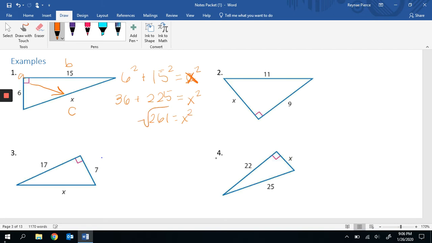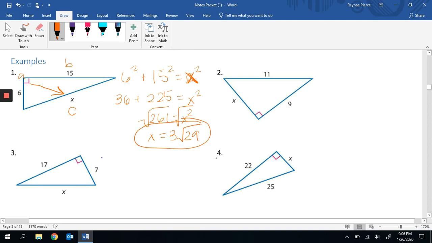Okay, and then finding the square root of both sides tells me that X is 3 square roots of 29. Okay, and we can review simplifying radicals in class if we need to, because simplifying radicals is going to be important.